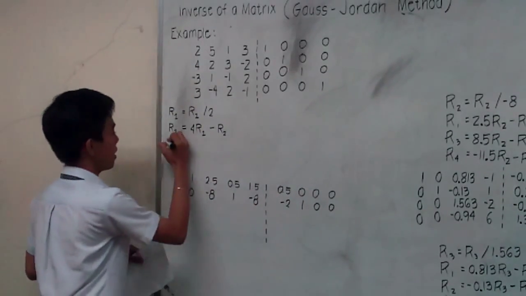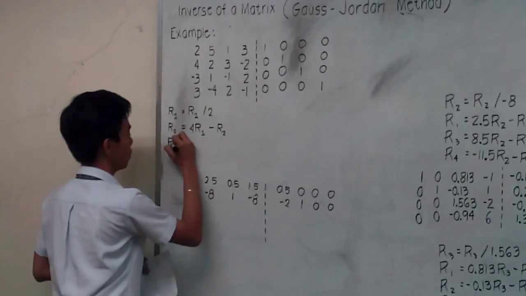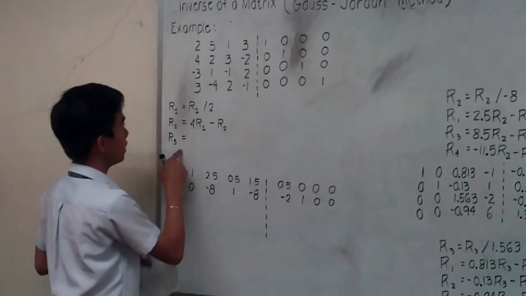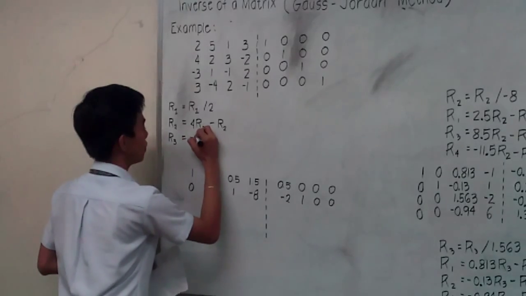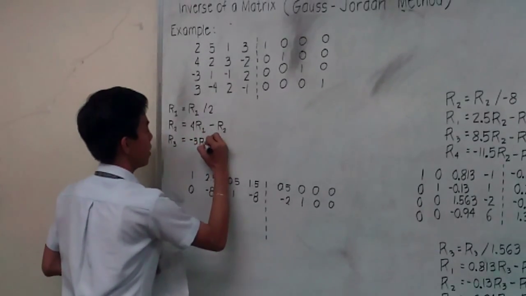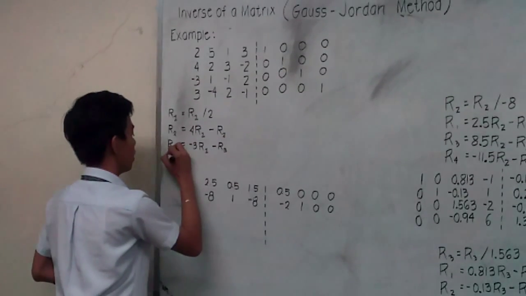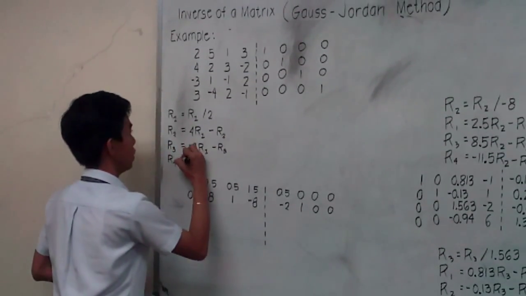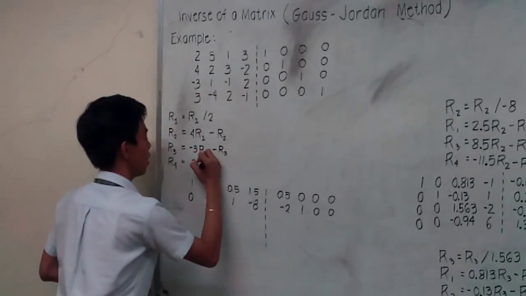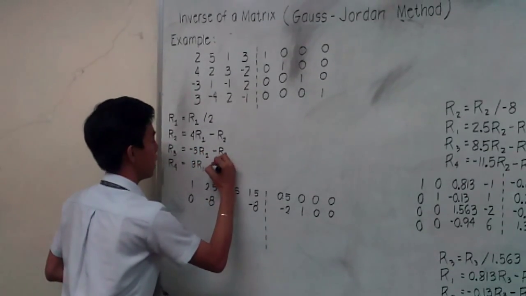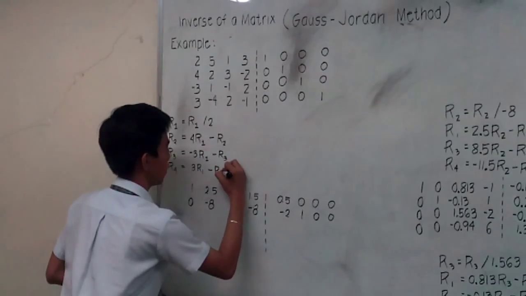We will be doing the same with the third and the fourth row. So row 3 will be equal to negative 3 multiplied by R1 minus R3, and then R4 equals 3 R1 minus R4.